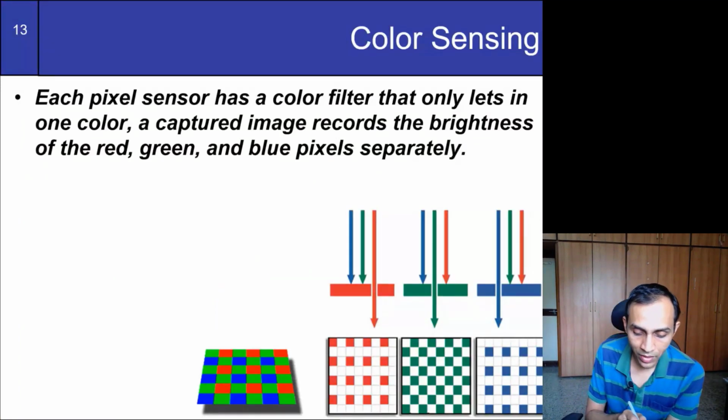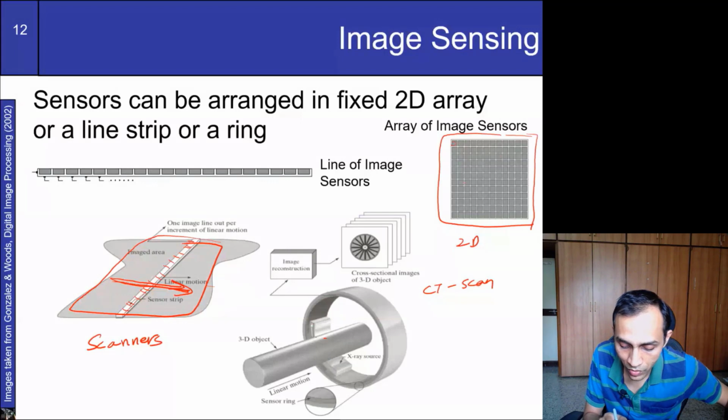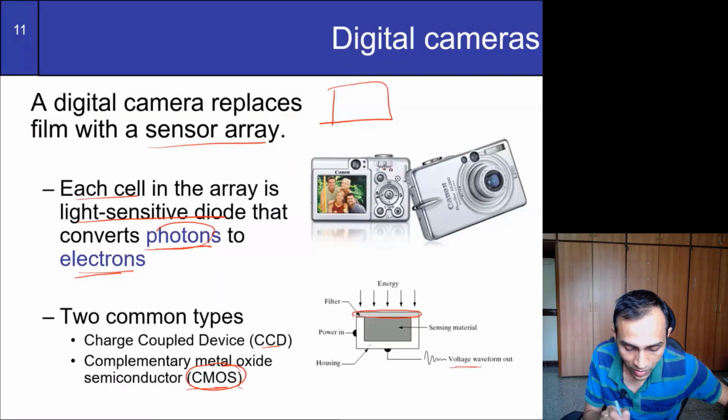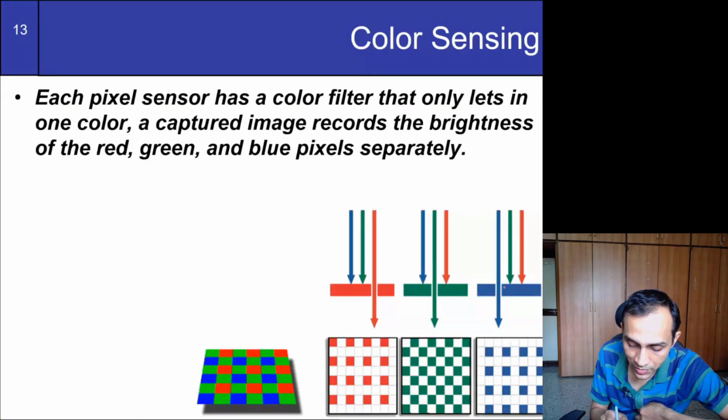In order to capture color images, generally what is done, apart from your 2D arrangement of sensors, is that a filter is also put before every sensor, and those filters are generally of 3 types: red, green, and blue filter.